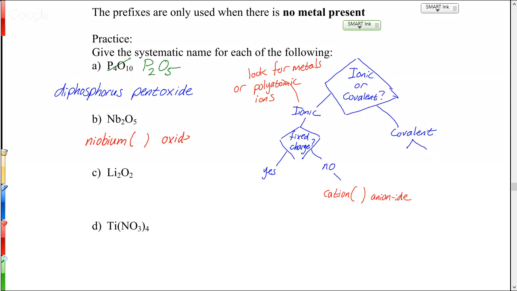O is oxide. So what goes in the parentheses? 5, yeah. We calculate that from oxygen. We know oxygen is -2. There's 5 of them. That's -10 overall. So that means each niobium must be +5 to get to +10 to balance that out.